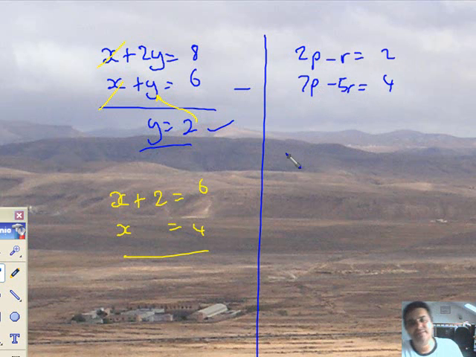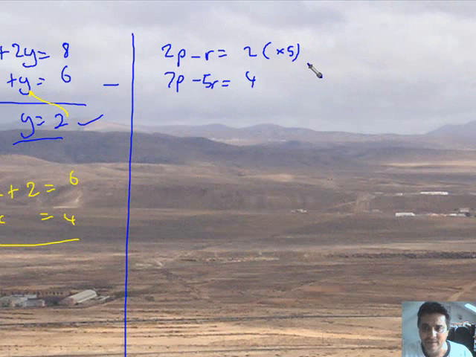Well, it's the first equation in question 2 where I don't have anything I can eliminate directly. I could multiply the top by 7 and the bottom by 2 to end up with 14p's, or I could just multiply the top by 5 to have 5r there and 5r there. So if I multiply the top equation by 5, this is what I get. 10p take away 5r all comes to 10, and of course I'm not going to touch the bottom one because it's fine.